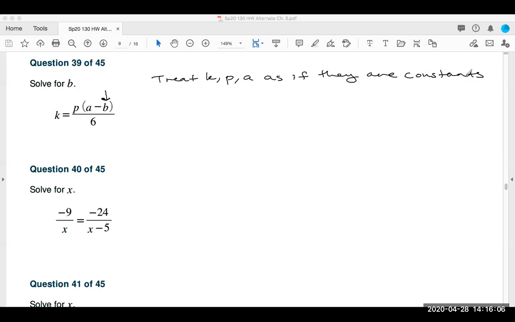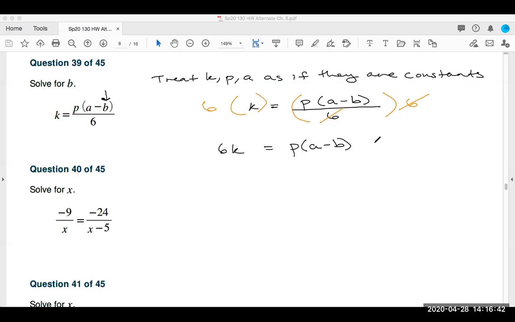Okay, so my first step, I'm going to note that I could multiply both sides by 6 to get one step closer to B. So 6 cancels out. I have 6K on the left side, and I have P times the quantity A minus B on the right side.